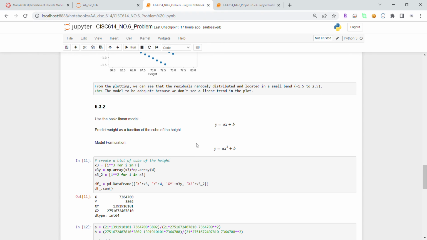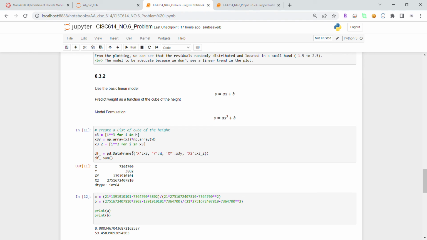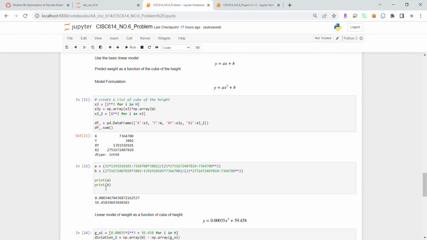First, we transform the data to the cube of the x value, and then same as the previous problem, I use the normal equation to calculate the coefficients A and B.